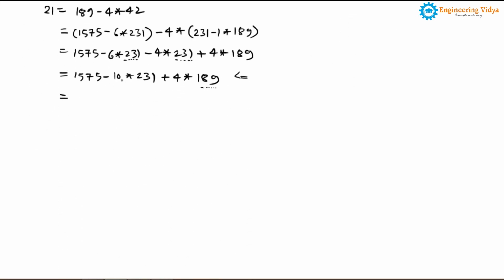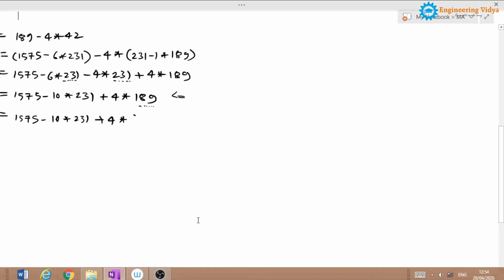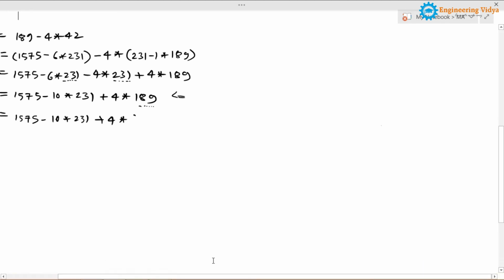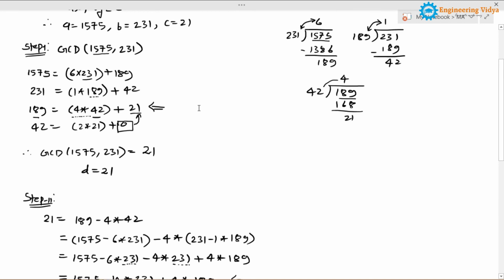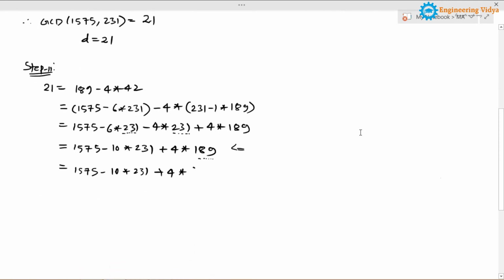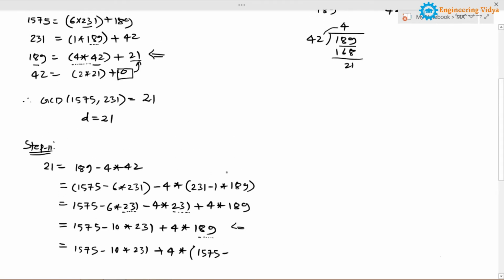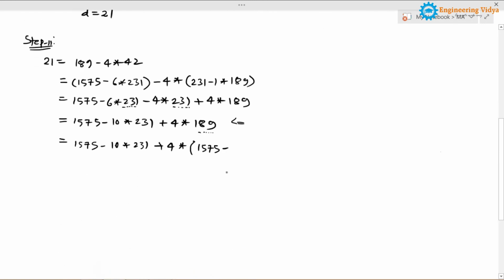So here I'll write 1575 minus 10 into 231 plus 4 into, and here we can replace 189. So 189 will be replaced by 1575 minus 6 into 231.